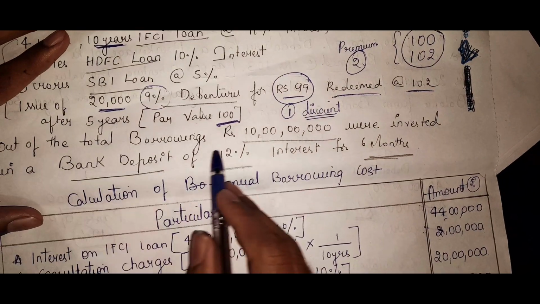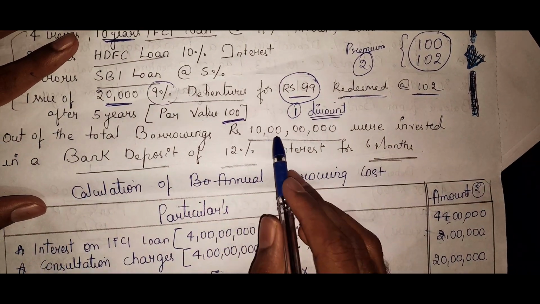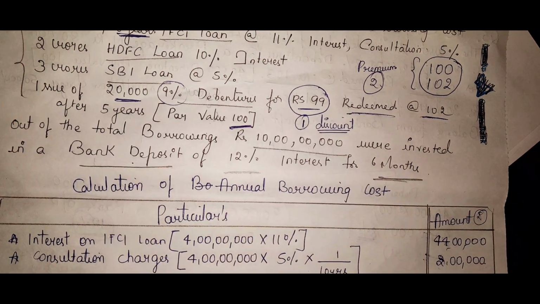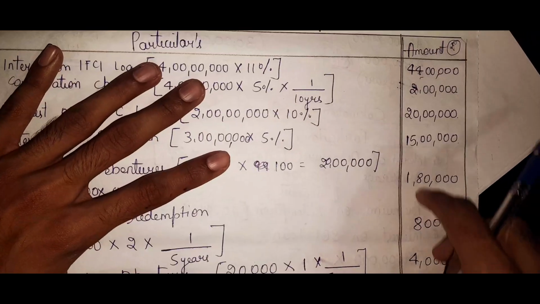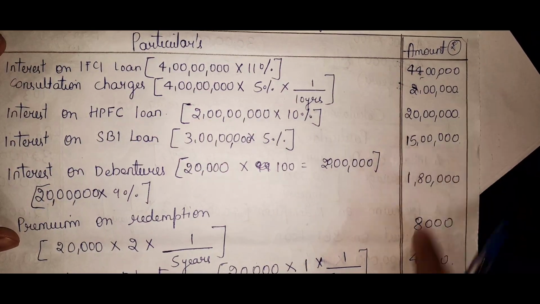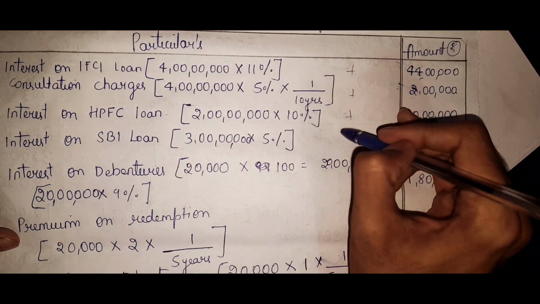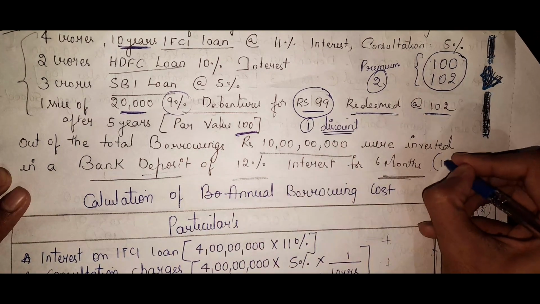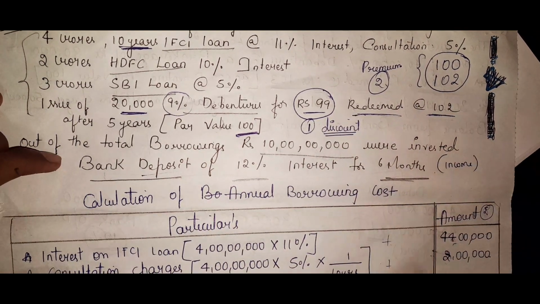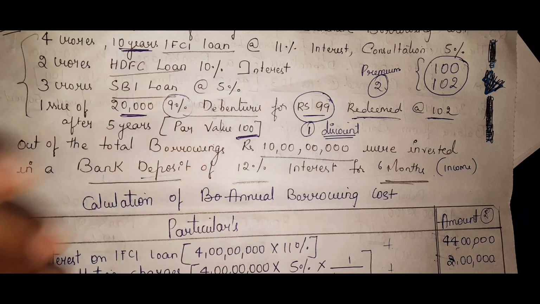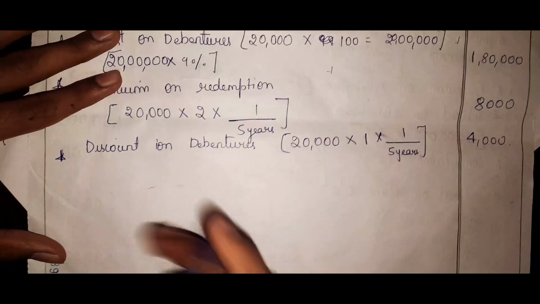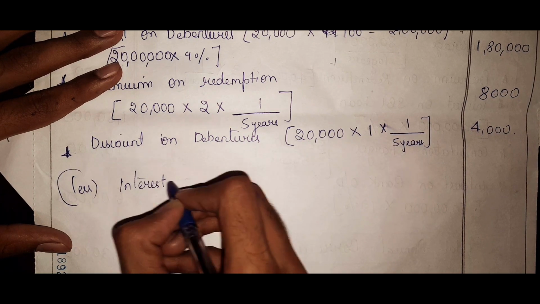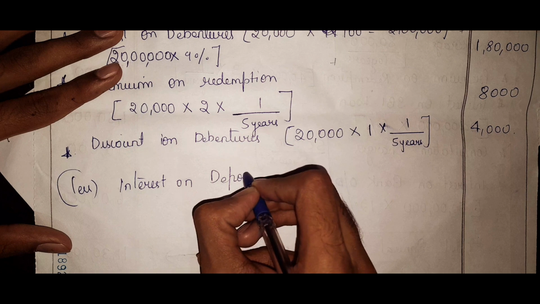Next, out of the total borrowings, 10 crore were invested into a bank deposit at 12% interest for 6 months. These are all the expenses. We are adding all the expenses, but interest on deposits is an income. So when we are adding all expenses and there is income, we should do the opposite, meaning we need to subtract. So less: interest on deposits.